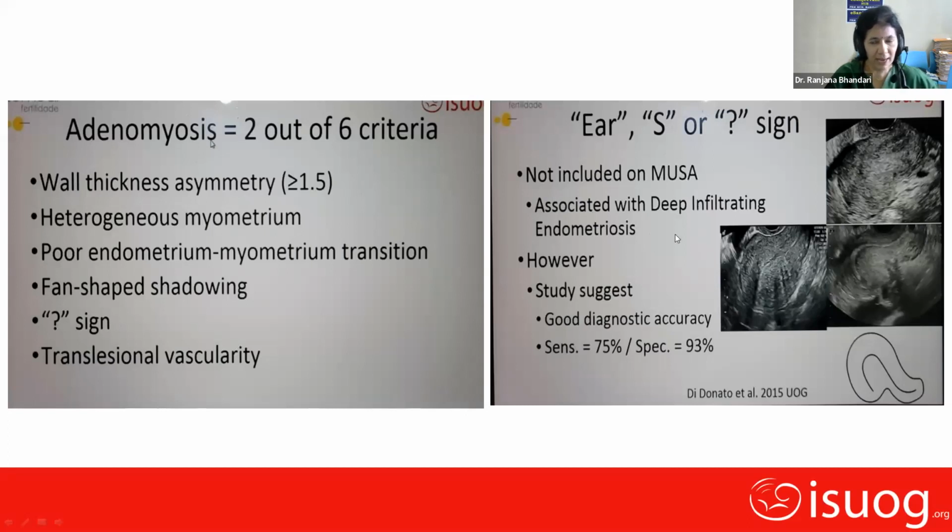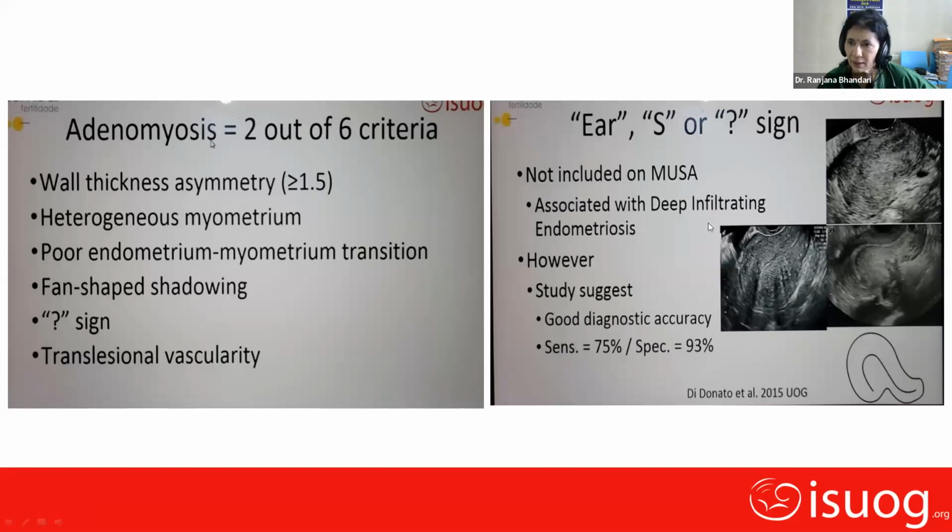As it is associated with deep infiltrating adenomyosis, it is not included in the MUSA consensus statement, because it is included in endometriosis. But still, we should know what the question mark sign is.